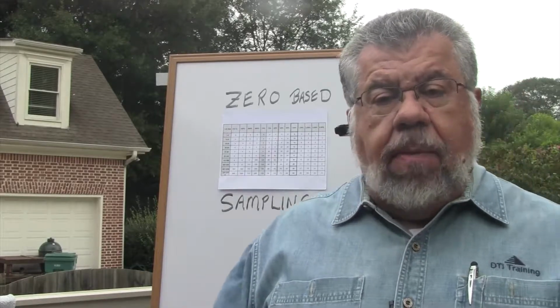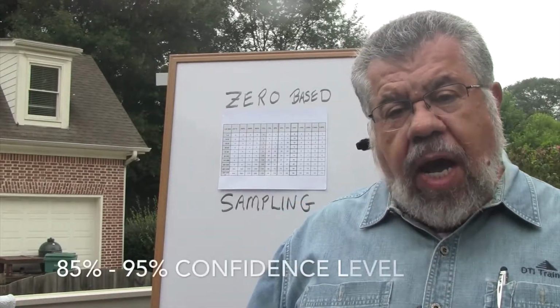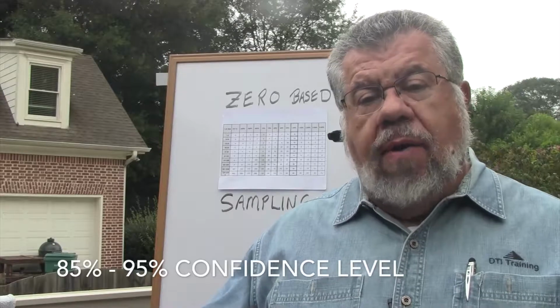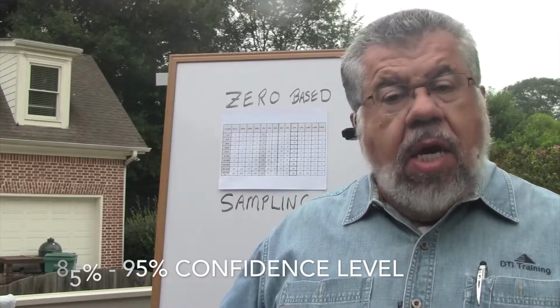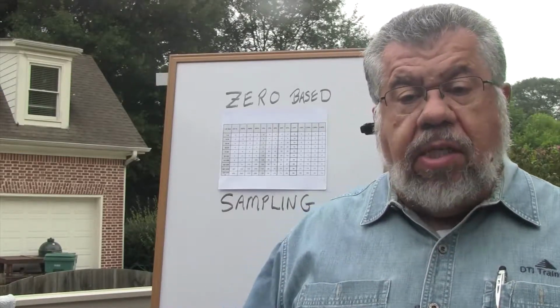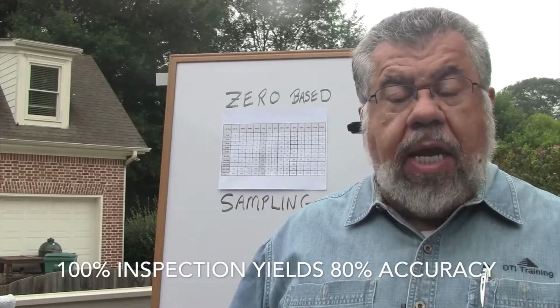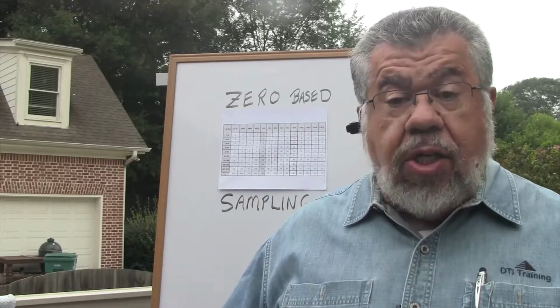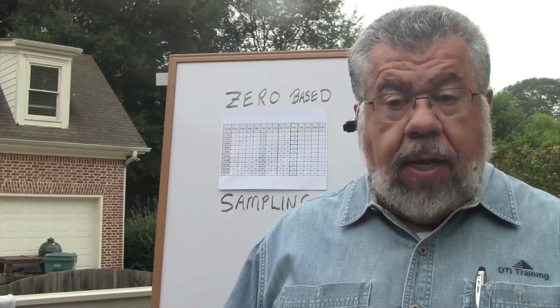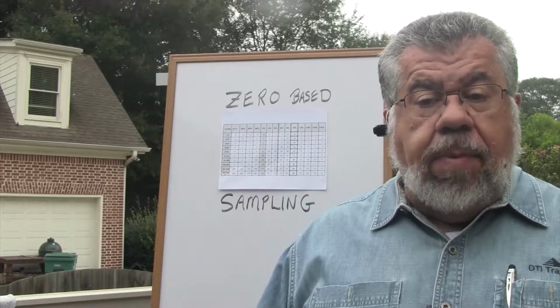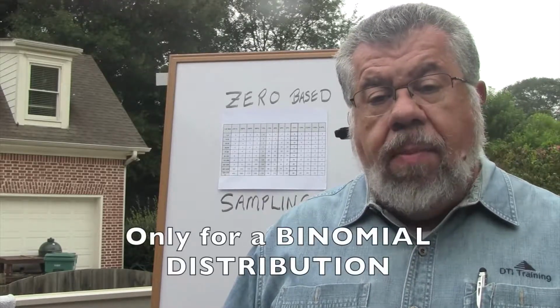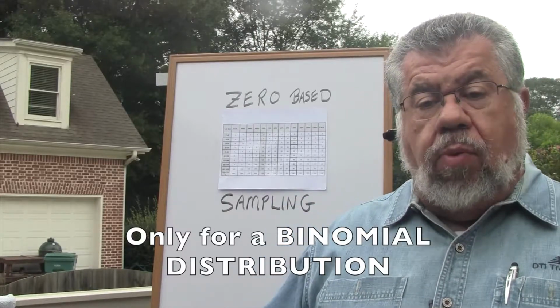This particular sampling plan goes from about an 85% sampling level to a 95%. But if you consider that 100% sampling only gives you approximately 80% accuracy, you're actually better off using the sampling plan. Now, this particular sampling plan is based on a binomial distribution as opposed to a Poisson.